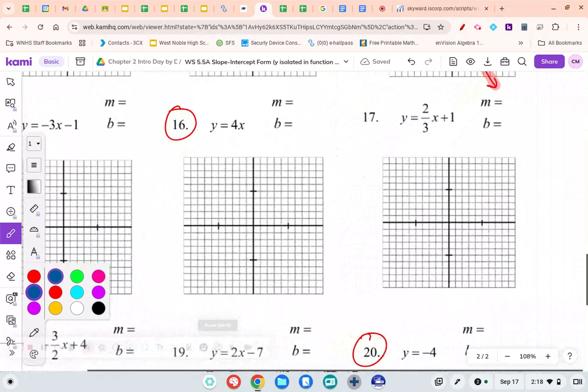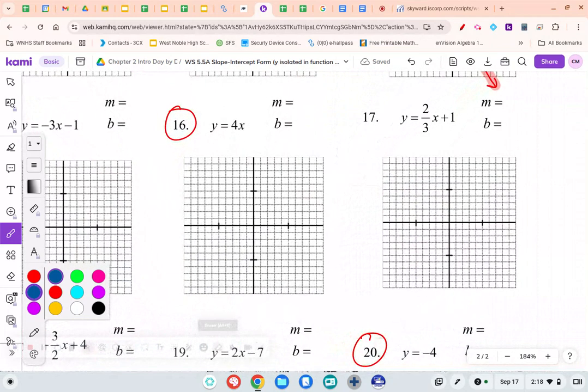Question 16. We have a slope here of 4, which I'm going to write as 4 over 1, because I need to rewrite them as a fraction. And then it looks like our beginning, our B information is missing, but we talked about this earlier. If it's not written, it's 0. So we begin at 0, and then we rise 4 and run 1, and rise 4 and run 1.